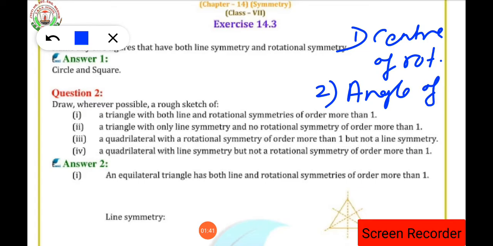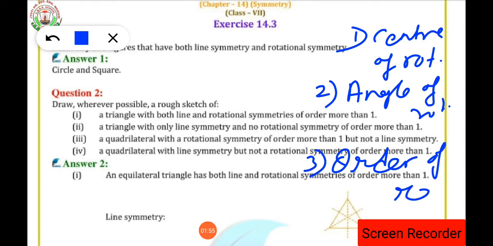Center of rotation means it depends on the center. Second, whatever angle the center is making, it depends on that angle. Then the order of rotation.